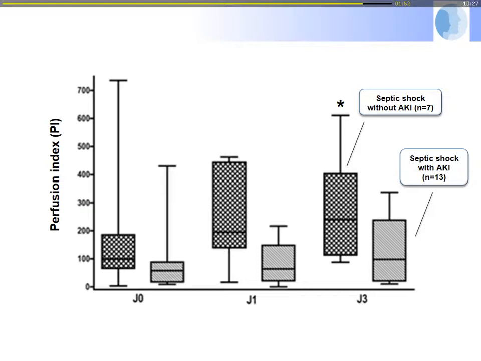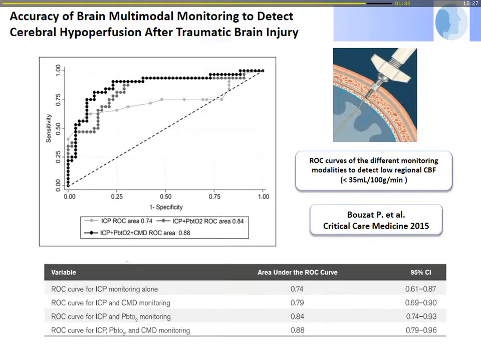So I think that this kind of technique is not easy to do at the bedside. We performed this only during this protocol. But in my unit, because we have a lot of brain injury, we perform this kind of technique in subarachnoid hemorrhage at the bedside. And so I think that contrast-enhanced echography could be in the future an interesting tool.